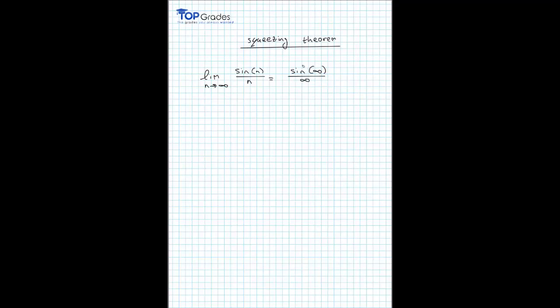Sine of infinity, or any sine or cosine, is a bounded function. Bounded sequence, sorry. They're bounded somewhere between 1 and minus 1. Their upper bound is 1 and the lower bound is minus 1. If you remember, they actually look something like this.